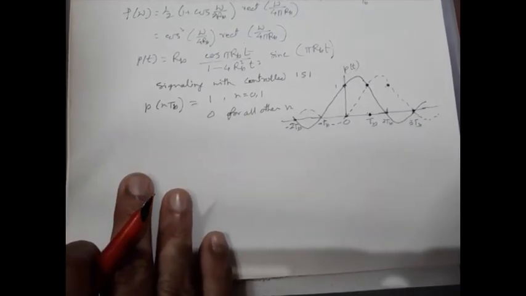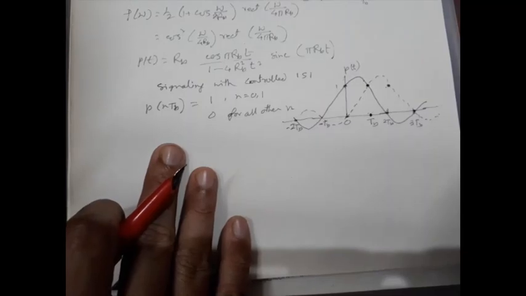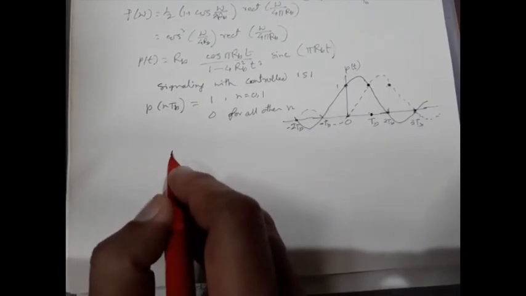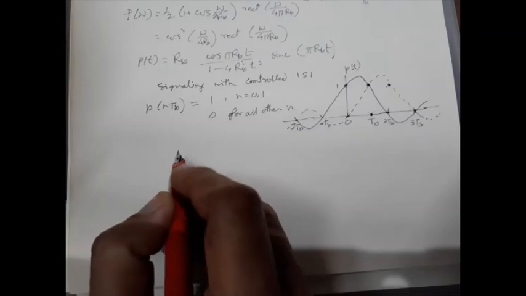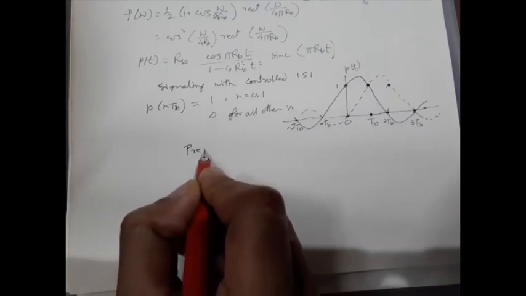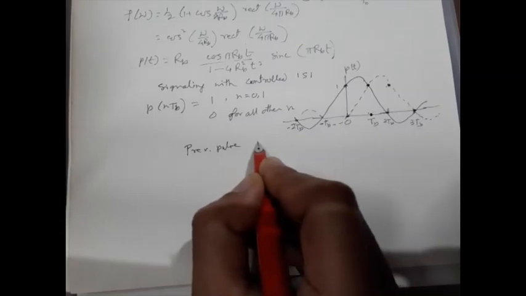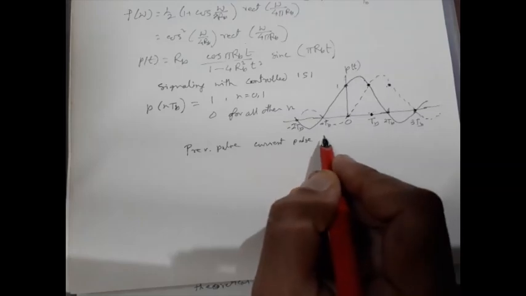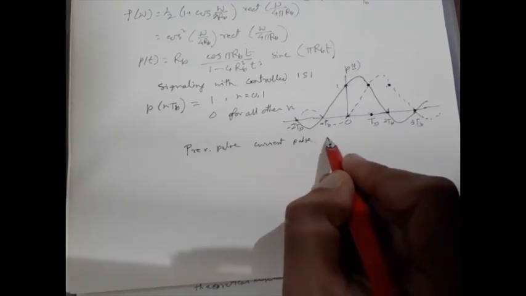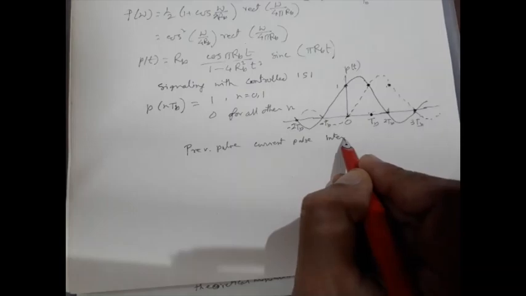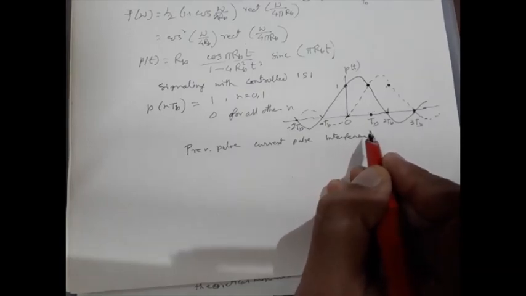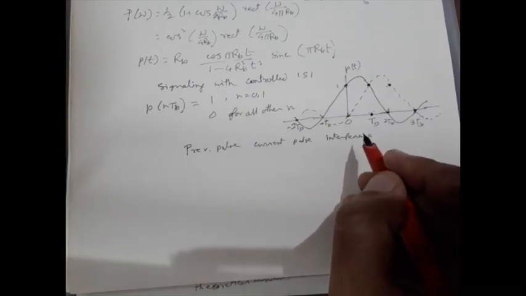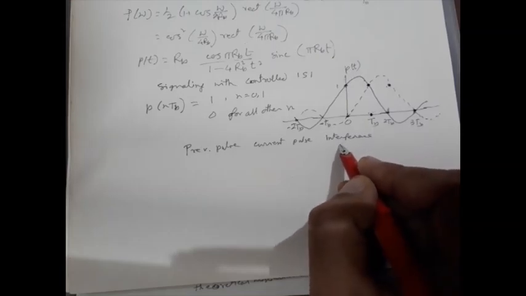So if we consider this trend, we can design a decision rule for which, say, previous pulse, current pulse, and the interference value, voltage.